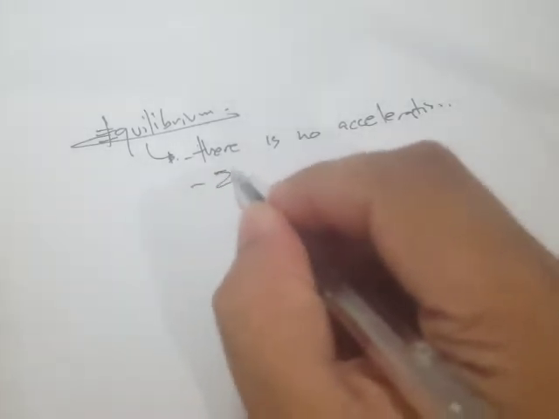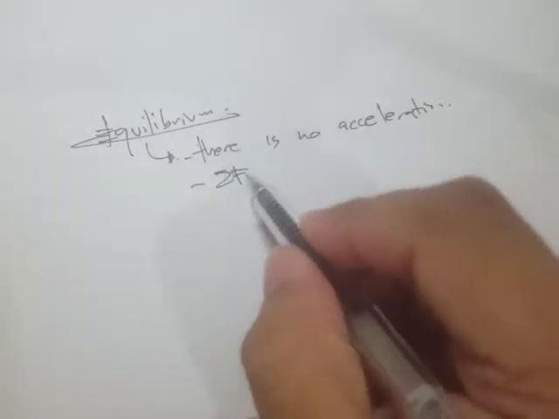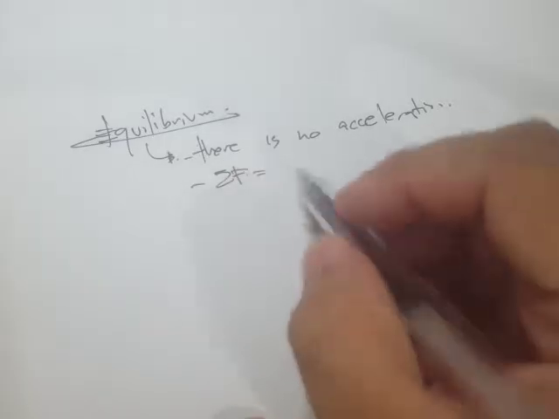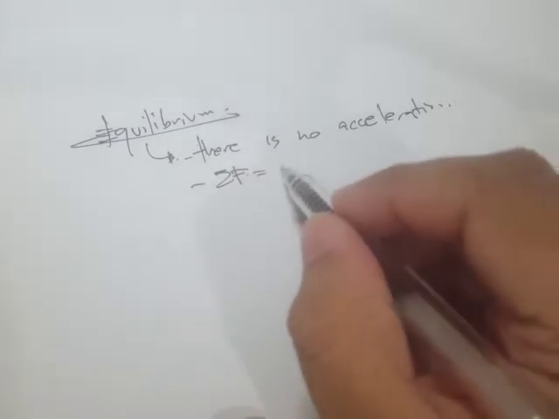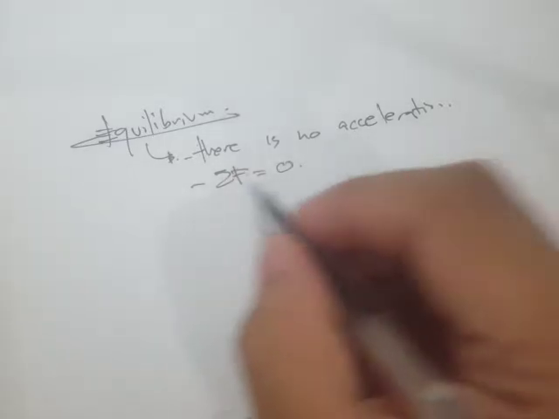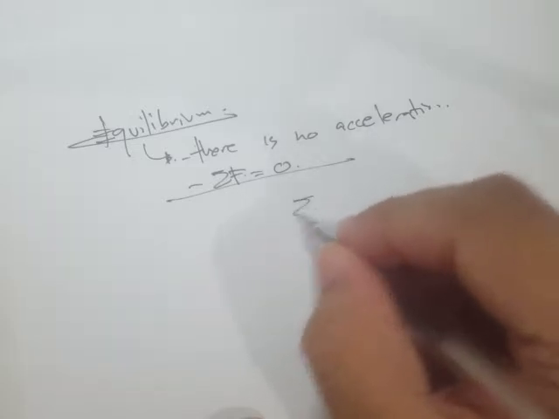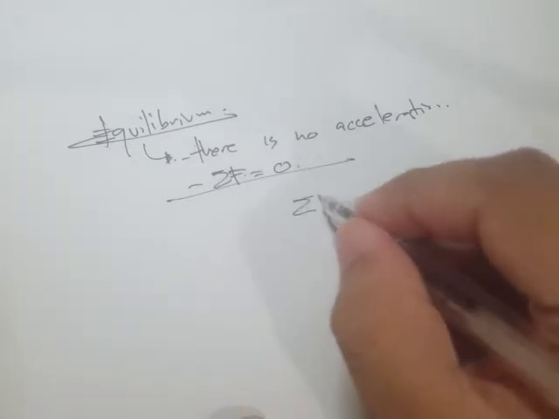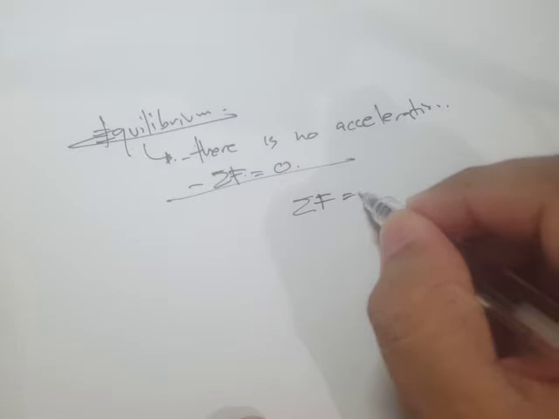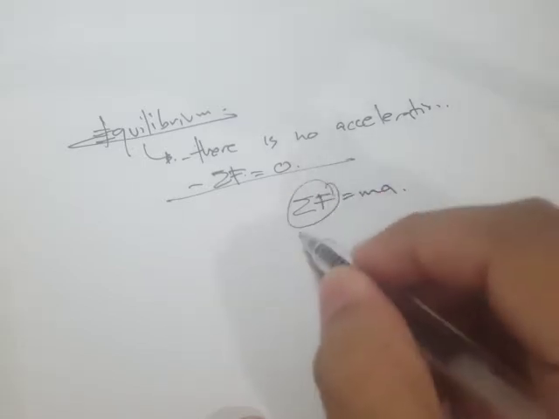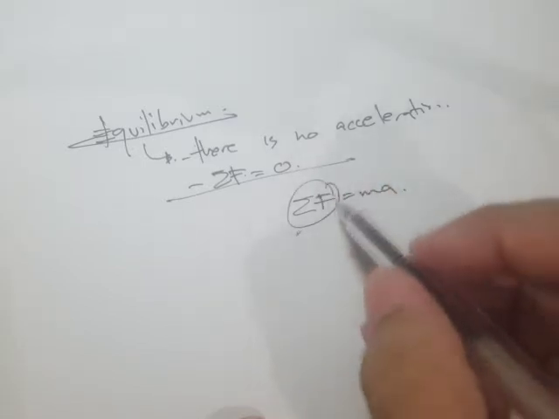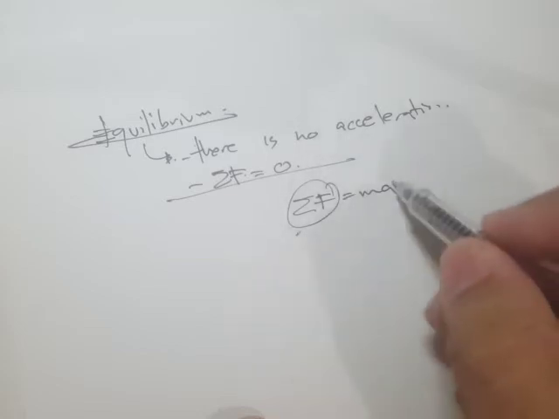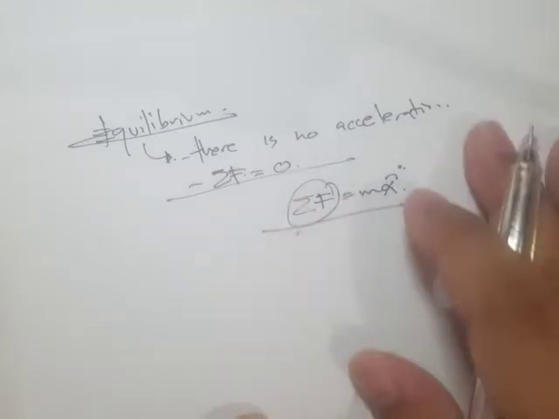Because the sum of the forces and moments acting on the body is equal to 0. From Newton's second law or Euler's equations of motion, summation of forces is equal to ma. So if there is no resultant force, then there is no acceleration.